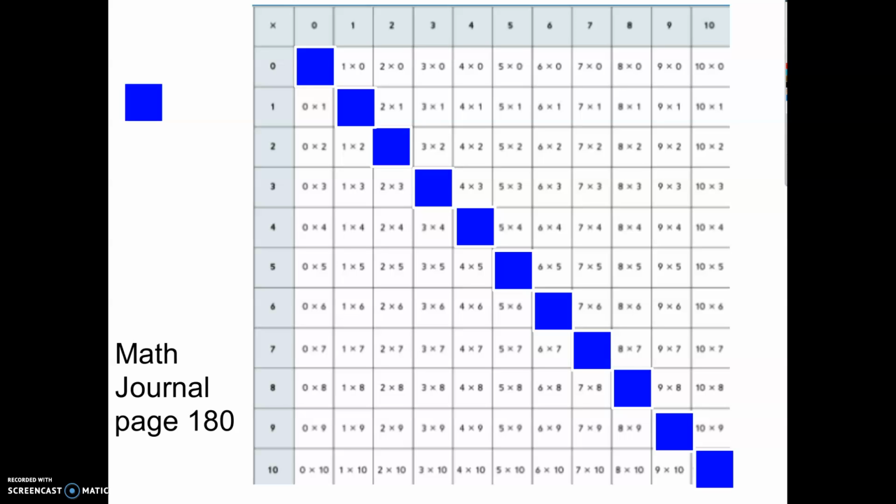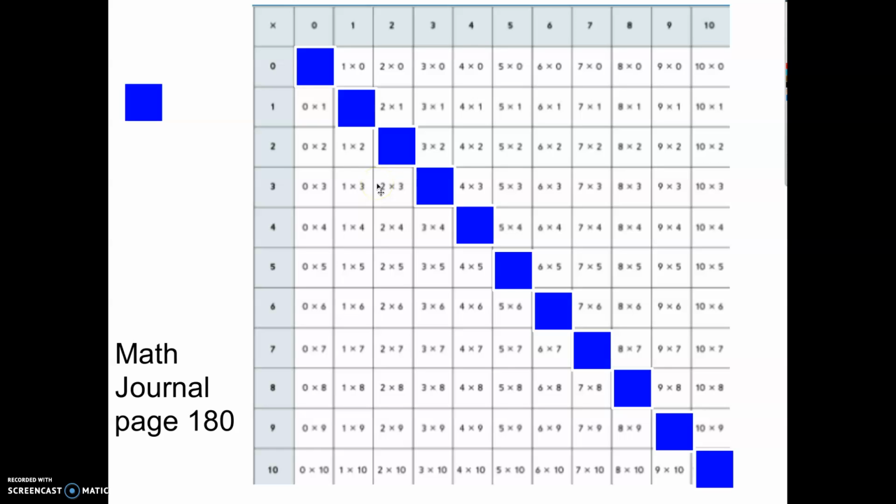And both factors get larger by 1 as you go down the diagonal. So what I mean by that is there's 1 times 1, and 2 times 2, and 3 times 3. So each square is getting larger by 1 as I go down my diagonal line.